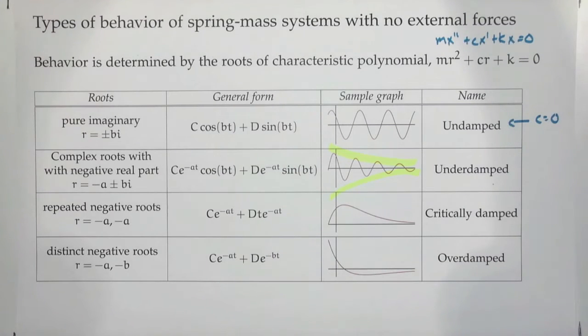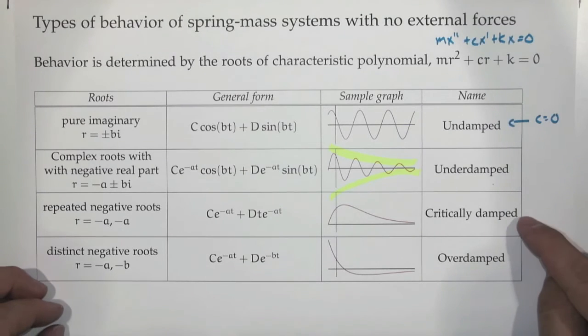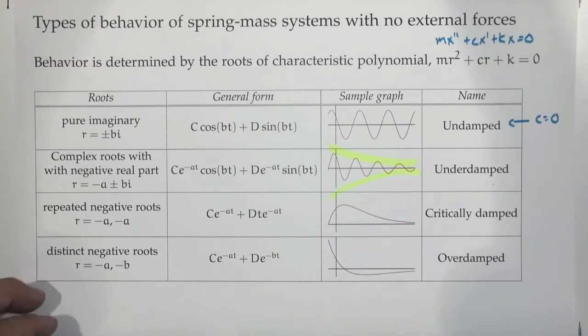But the nice thing about being critically damped is in terms of your spring mass system, it's the fastest way to quickly get your spring mass system to go back to 0. So if you're saying, I want my spring mass system to quickly converge back to 0 after I've experienced a jolt, you're looking for the critically damped. That's your sweet spot.